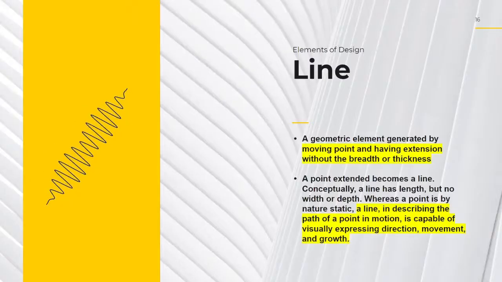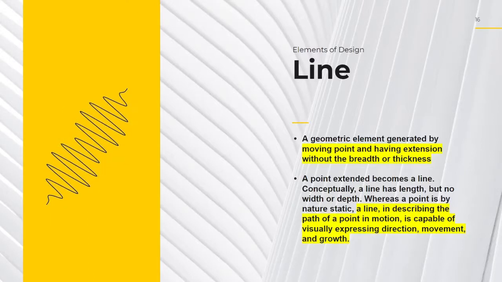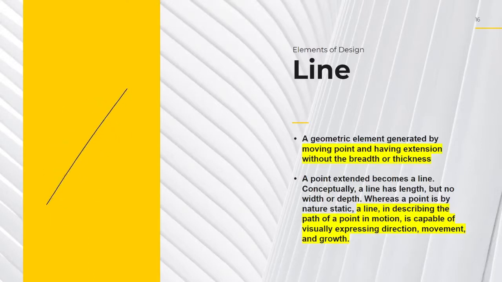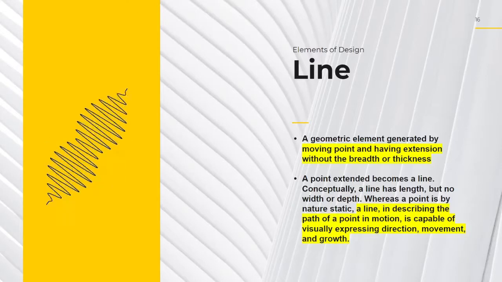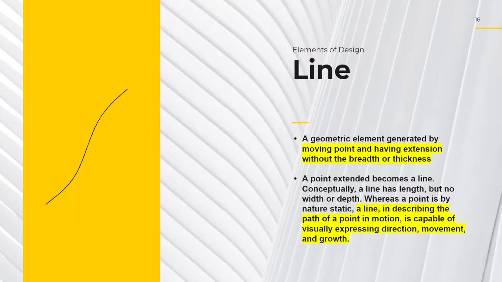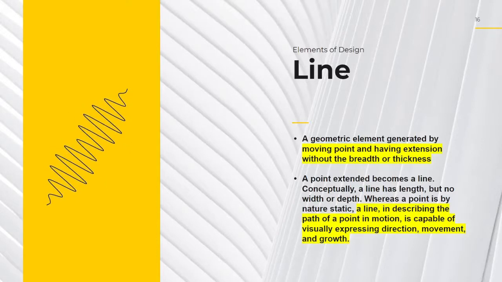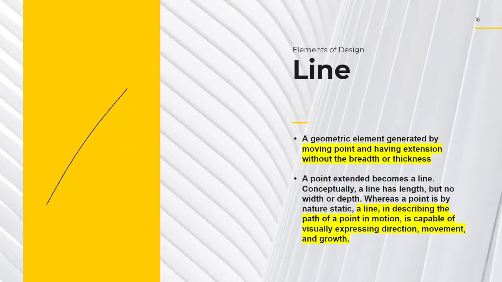As you can see in the slide, the line transforms, therefore creating visual communication. When we see this line, it's usually perceived in music, in wavelength, in waves, or in active motion.